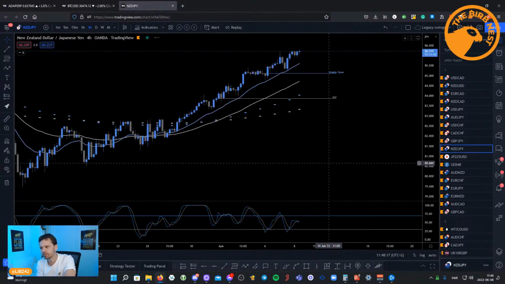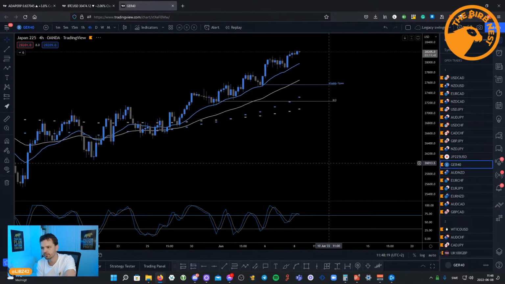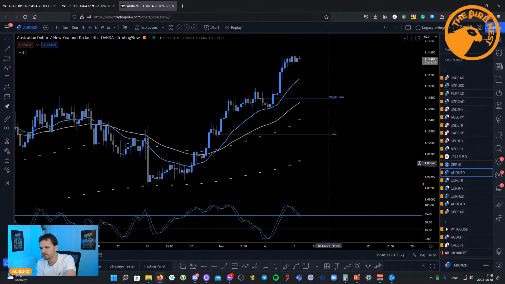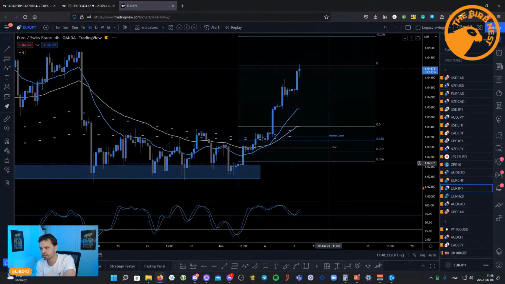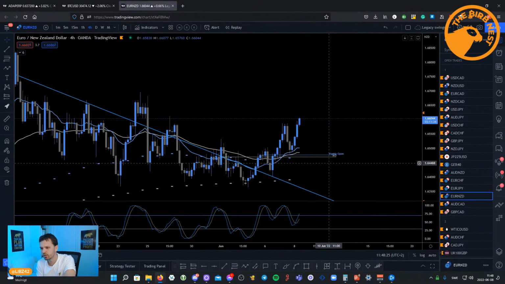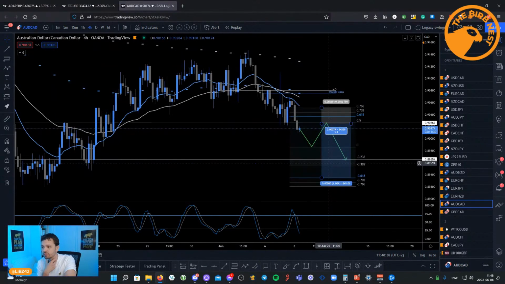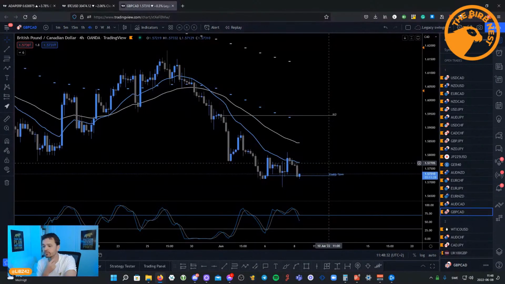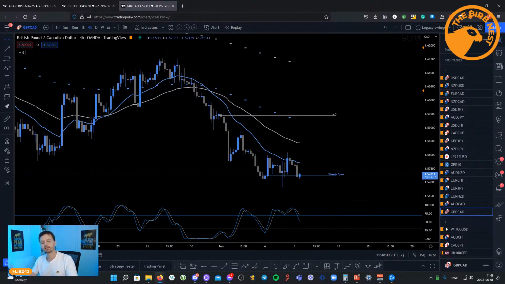So I just need to be patient and sit on my hands like I've done for probably the past week, which is quite frustrating at times, because I feel like I want to take a trade, which is also a reason not to take a trade. The fact that I really want to take a trade means I should be waiting, because that urge and that feeling of needing to take a trade will make me take impulsive decisions.